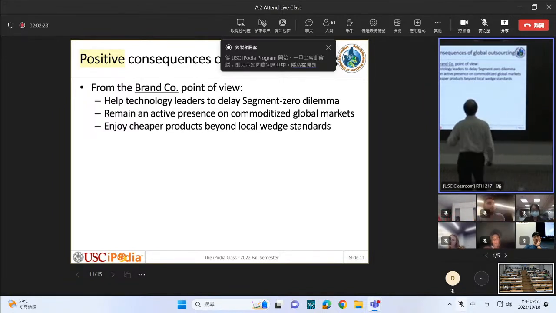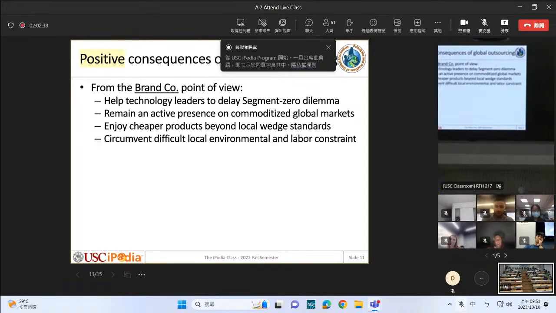Okay, so this is one of the major problems. Even though you enjoy cheap product beyond local wage standard, in the long term, this creates huge economic problems. It allowed you to circumvent the local environmental and labor problems, right? We said if the union is too strong, you just don't deal with them, you go out, right?